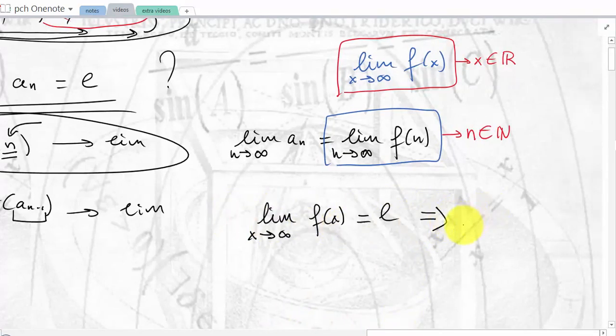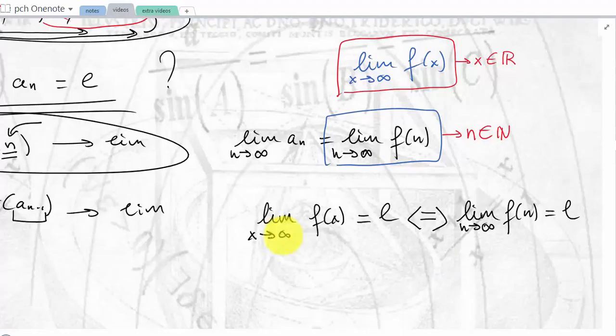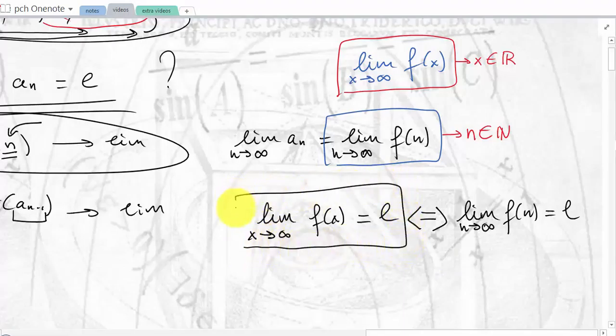If a then b, then the limit of f(n) as n approaches infinity is also equal to L, okay? We would have this limit right here. Actually, it's an if and only if, okay? Therefore, all the techniques we have studied before for functions are applicable to sequences. Let's review these techniques by going over some examples.